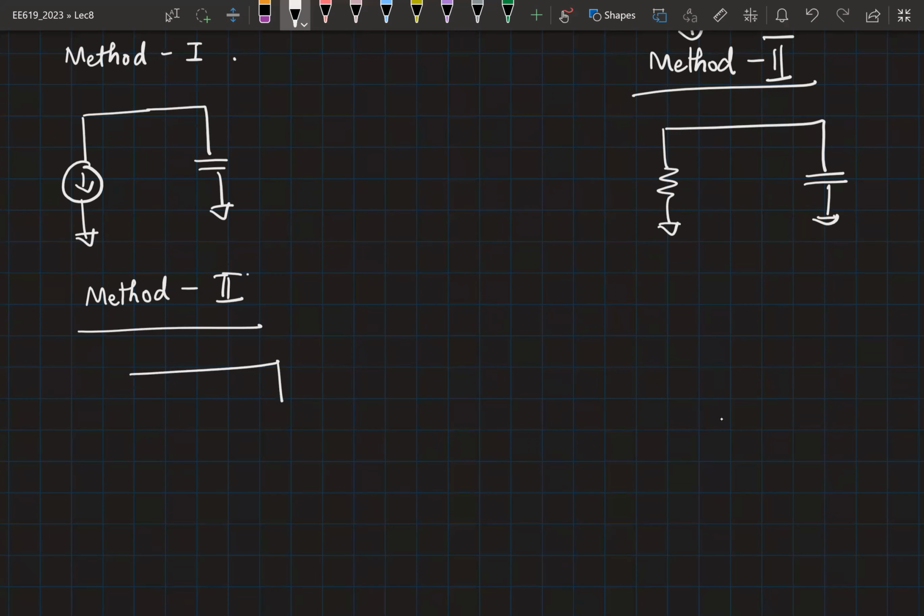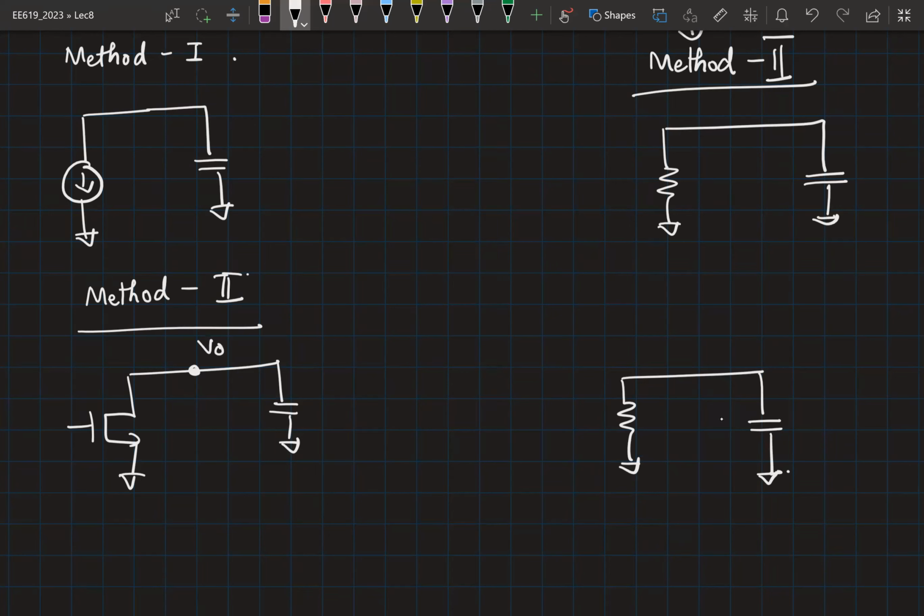Okay. So we are going to replace this circuit with an equivalent resistance here, with a resistance and then a capacitance. Now the idea is this: if you have V0 as the voltage here and some current IDS is flowing, I can find out the value of resistance R, for which if I apply V0 here, I will have the same value of IDS, right?